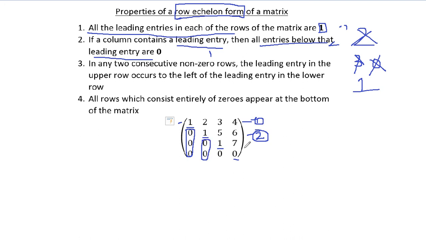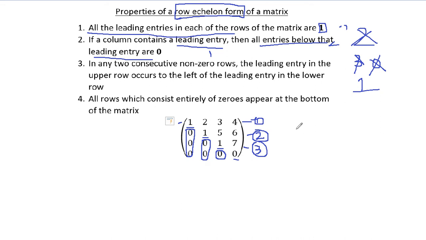And for the third row, it's also the same. 0 is the entry below 1, which is also the entry below this leading entry.